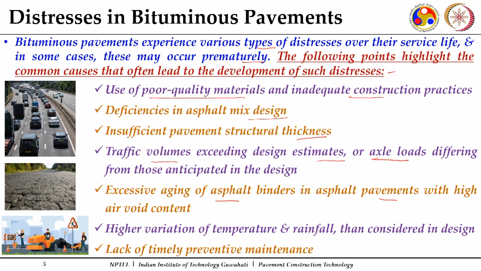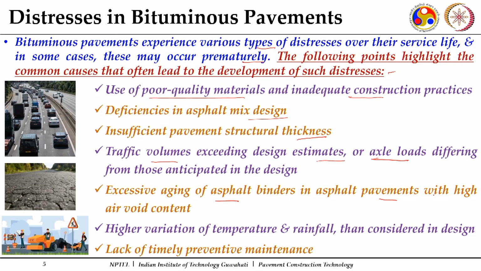But if it is not properly compacted and the air voids are more than that 6 to 8%, maybe 10-12% or more, then those high air void contents lead to excessive aging of the binder. So, then the binder becomes stiff and it is prone to distresses.